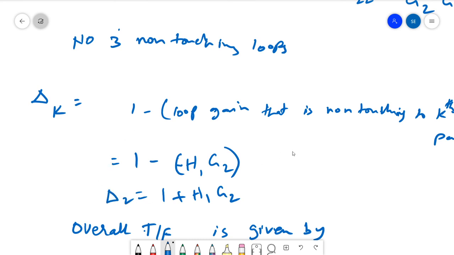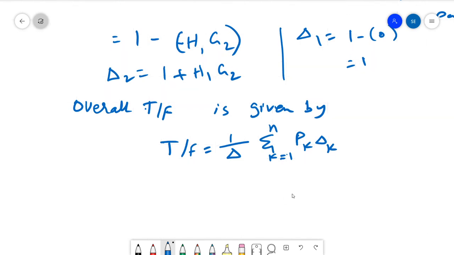Del 1 is equal to 1 minus, as the first forward path has no non-touching loops, we make it 0. So del 1 is equal to 1. Del 2, the second forward path, we have this.